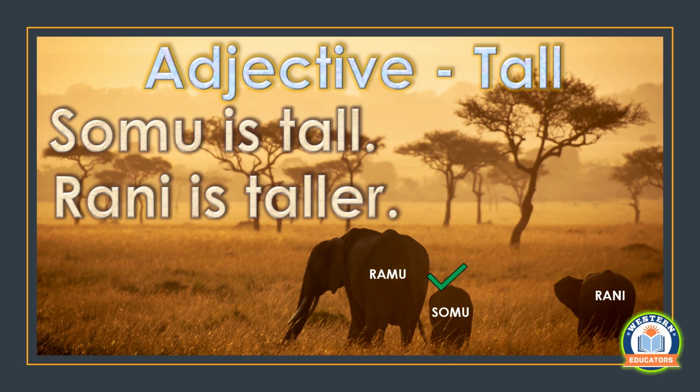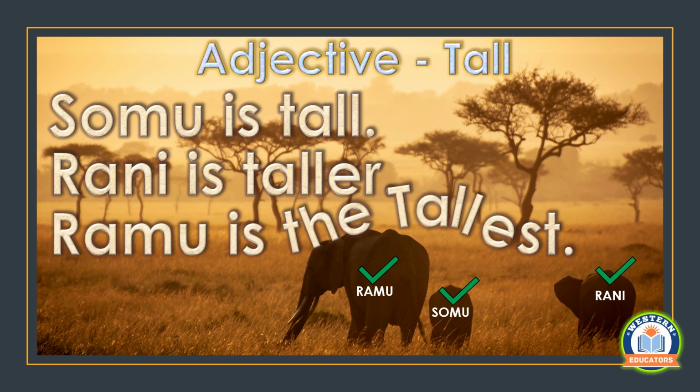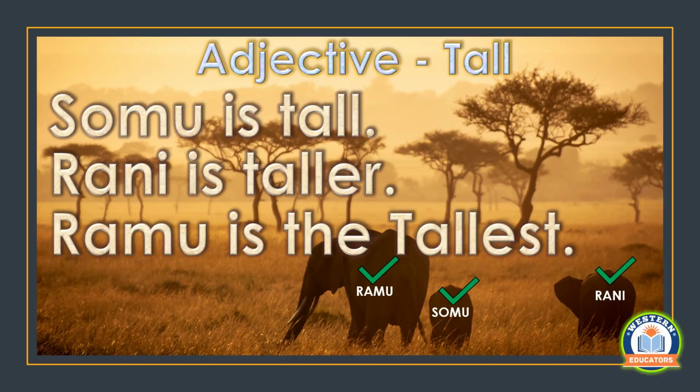In the same way, if Somu and Rani are there, if Ramu is not there, we can say Rani is taller using comparative. So positive degree using tall and comparative degree using taller. In the same way, now 3 of them are there. So if 3 of them are there, we are going to say only one is the tallest in this picture, so Ramu is the tallest using superlative degree.